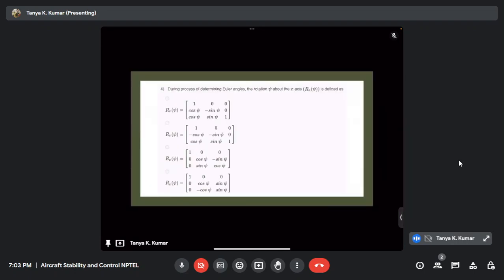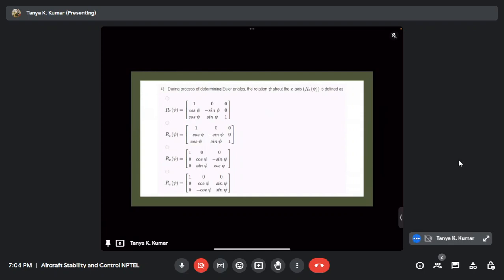During the process of determining Euler angles, the rotation xi about the x-axis is defined as. Now they've asked you for the primary rotation matrix about the x-axis, where the angle is xi. The angle can be anything, you just need to know the primary rotation matrix about each axis. In this case, they've asked about the x-axis.